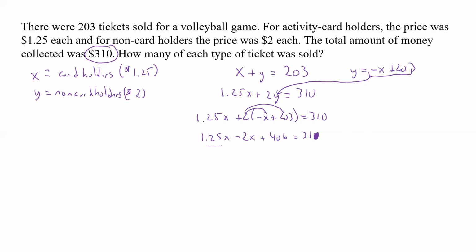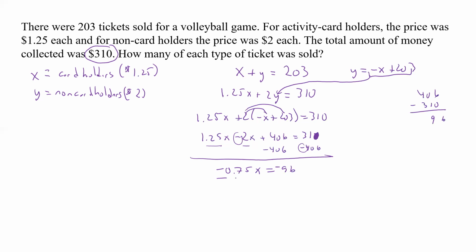Now, those two are common, so I'm going to subtract 406. And so now, if I take 2 minus 1.25, I get 0.75x. Now, if I take 406 minus 310, that's 96. And it's negative, so that's the key thing here. Remember, that's negative. And that's negative as well, so that's a negative here.